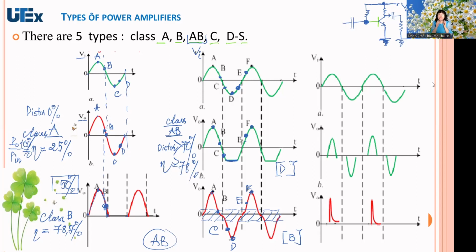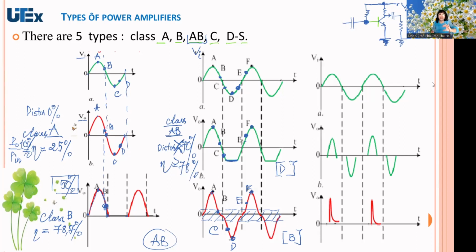And they design to combine class A and class B power amplifiers. And we expect to receive in the output signal very low distortion, right?